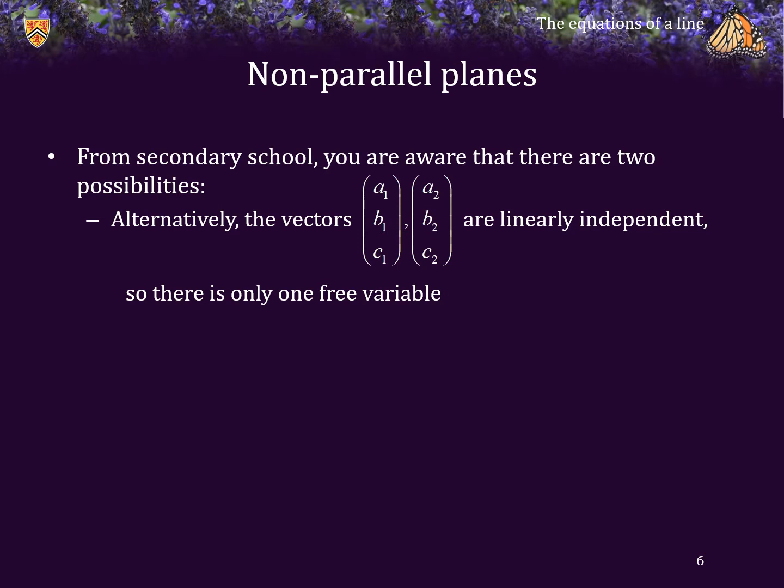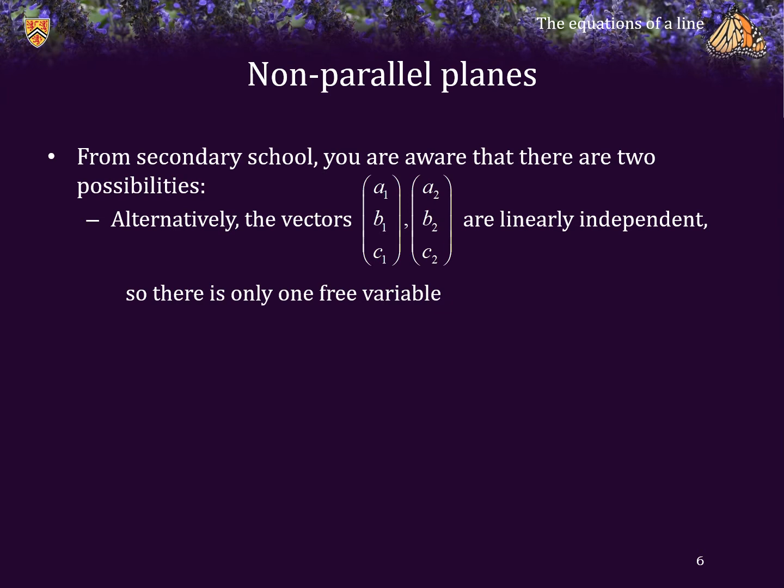From secondary school, you're also aware of the alternative. And again, that is where the vectors defined by the coefficients of x, y, and z are linearly independent. Of course, you wouldn't have said it that way, but you would say that the two vectors are not parallel, and therefore they define planes that are not parallel.